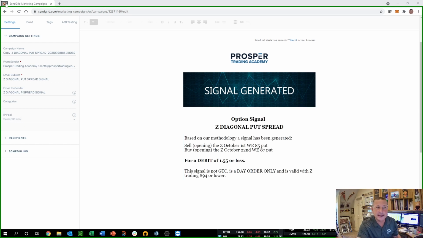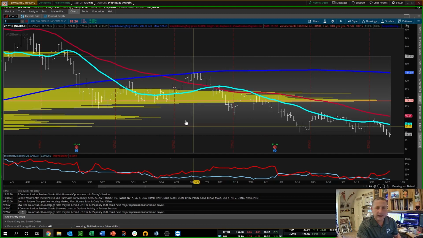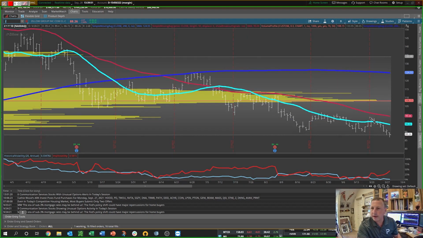But you can see that this is a bearish spread because in this spread here, we're actually buying the 87.85 put spread and just using 2 different expirations. Okay, so we did that for $1.55. And again, to look at the chart here, we did that right here, right as the stock hit right up to that 20-day moving average. And you can see what it did.